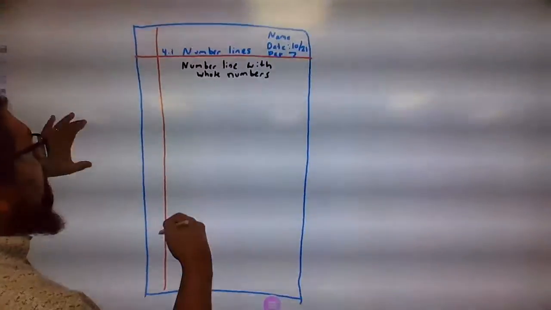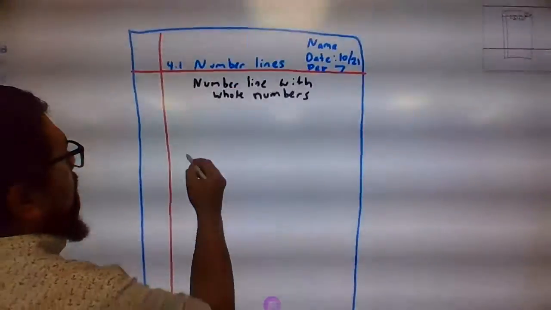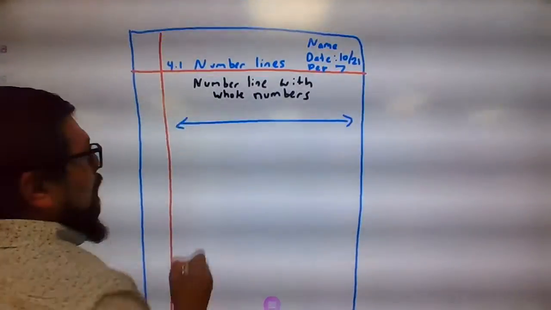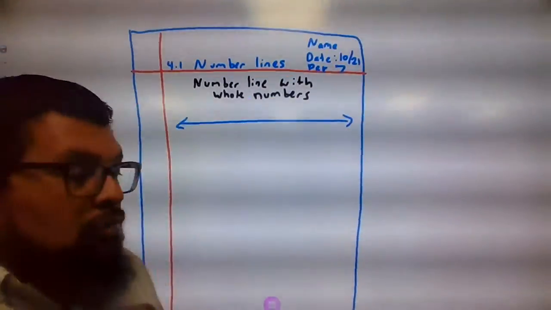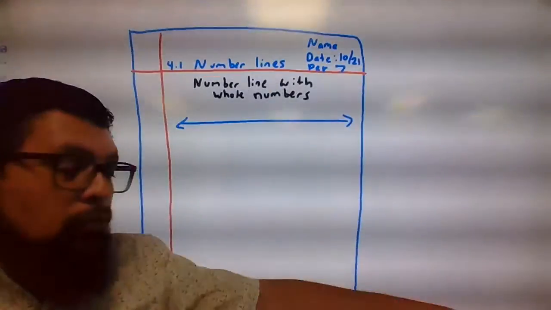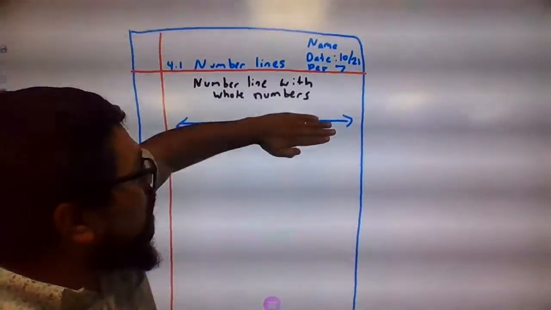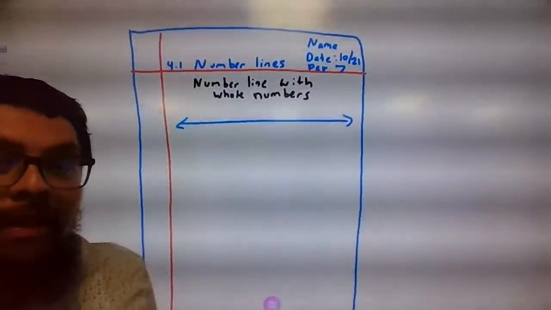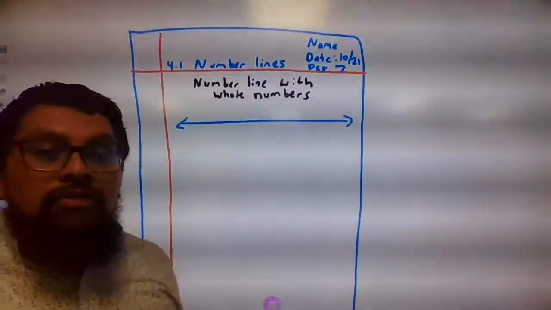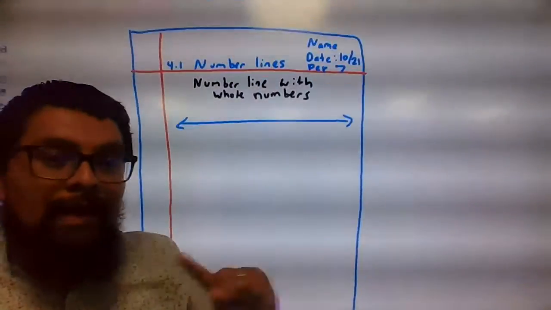Let me zoom in. So here's our number line. Anytime we draw a number line, you can draw it as straight as you can, or you can use a ruler and draw it straight. We're going to start with just whole numbers, which do not have negatives.